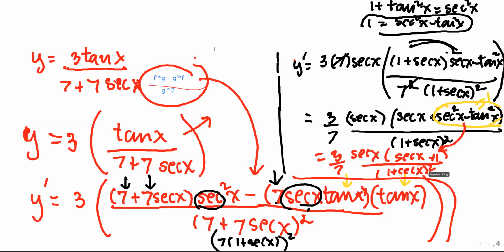We see the common factor now that we can reduce. We write it: secant x plus 1, 1 plus secant x. One factor will be gone. Now we have 3 over 7 times the secant x divided by 1 factor of 1 plus secant x left. So this is the most simplified solution.